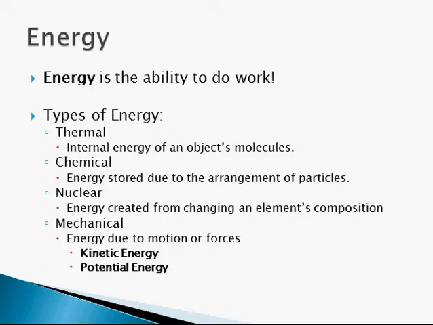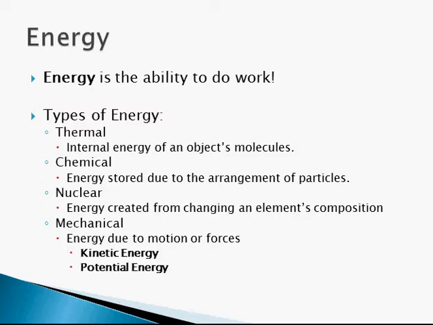Second type of energy we can talk about is chemical energy, and that's the energy stored in a substance due to how the particles are arranged. That can be atomic bonds, that can be an internal structure of electrons, all sorts of things like that. In that case, we're actually saying that the substance itself has an energy that can be transformed by doing something with it, by breaking those bonds or some other action.